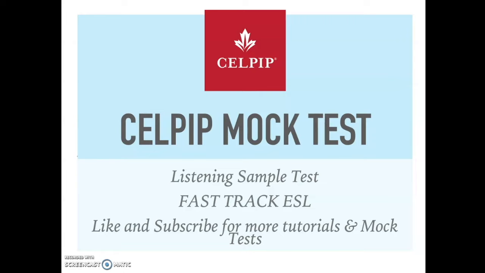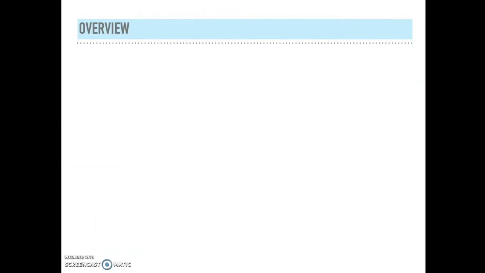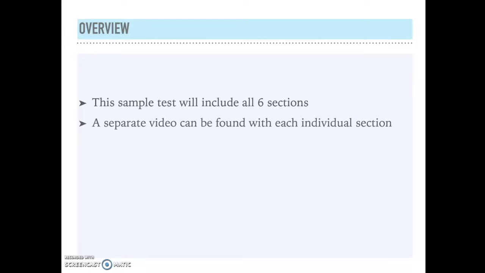It's important for candidates to test themselves with authentic sample tests that reflect the true nature of the real CELPIP exam. This free sample test you're about to take includes all 6 parts of the real CELPIP listening test. Each part has also been posted separately on this channel in case you want to practice one particular section of the listening test.